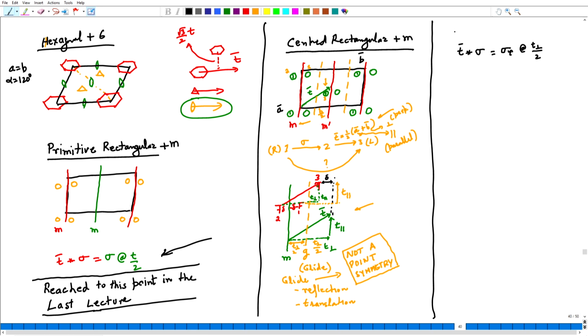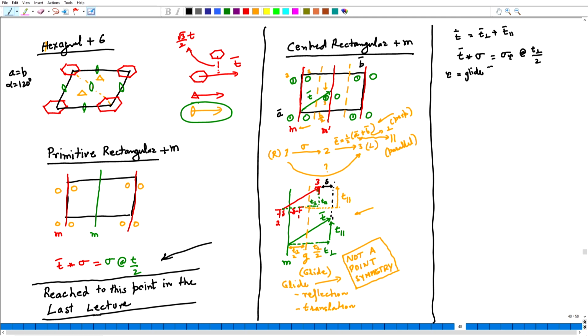I should also express this like this: T parallel, or rather the magnitude of T parallel, is one of the two vectors, the perpendicular vector and the parallel vector. It is the parallel vector which is called the glide translation. So, tau is essentially the translation component, the glide translation.